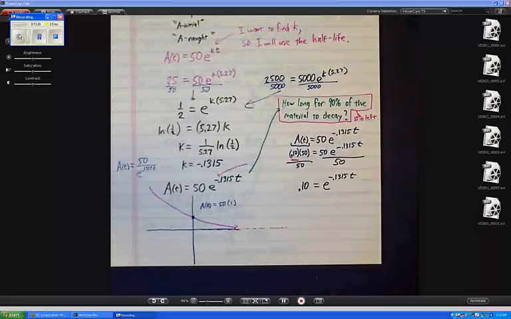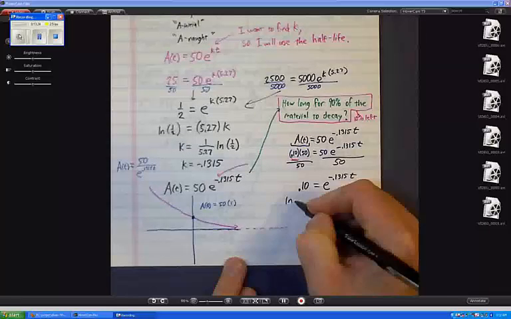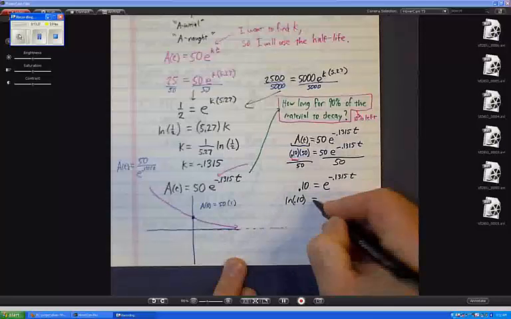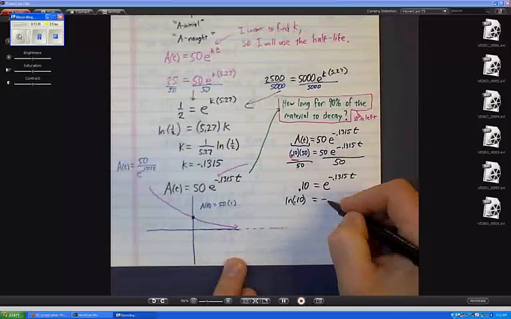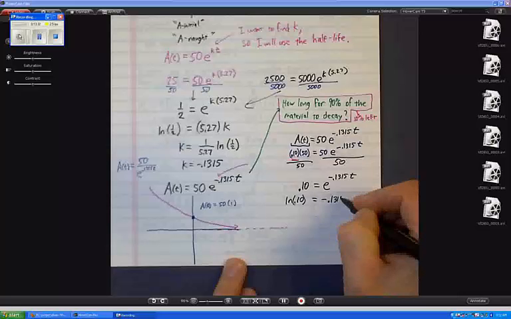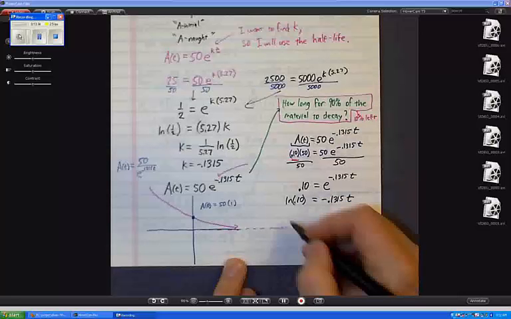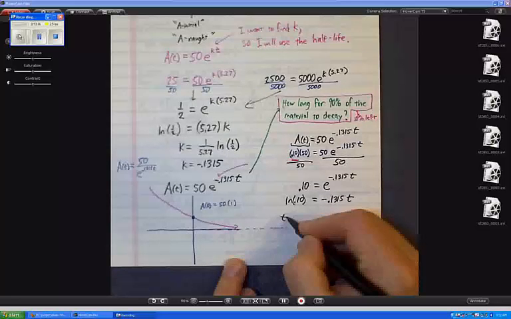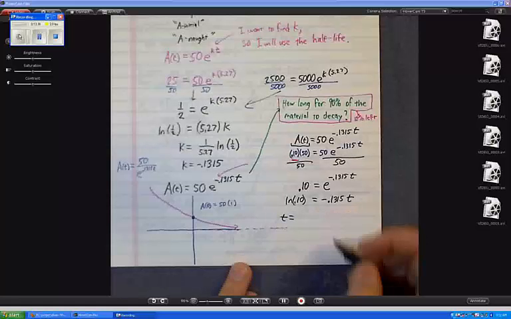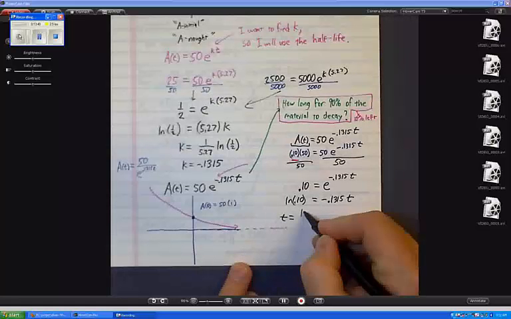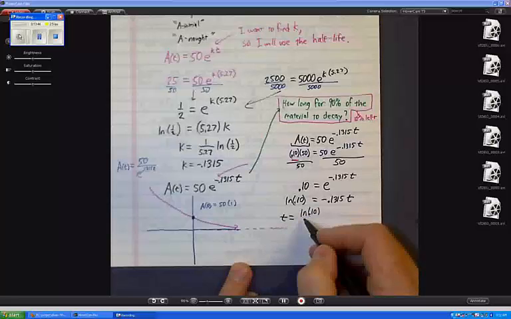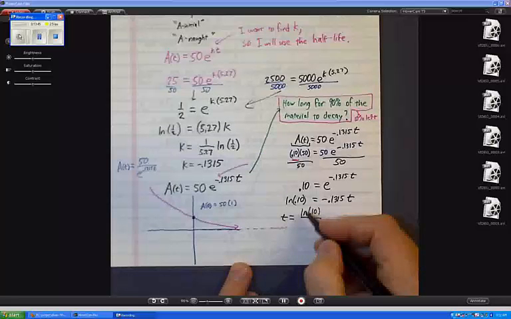Now what? Take the natural log. Natural log of 10% is equal to negative 0.1315 t. And so t is going to equal the natural log of 0.1 divided by negative 0.1315.